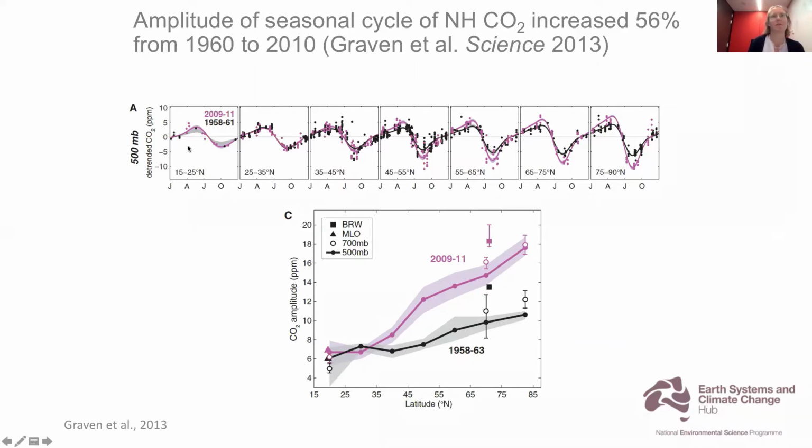So the black and purple lines are interpolation of aircraft data from two separate campaigns, one in the late 1950s and the other around 2009, and showing very distinctly that the amplitude is increasing. And that can also be seen in the lower plot, where the amplitude is plotted as a function of latitude.